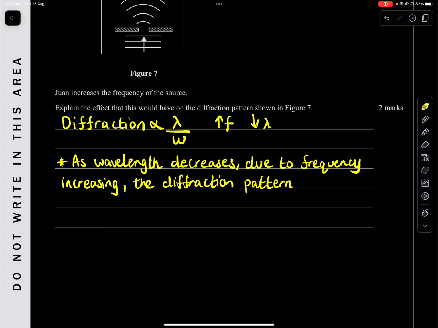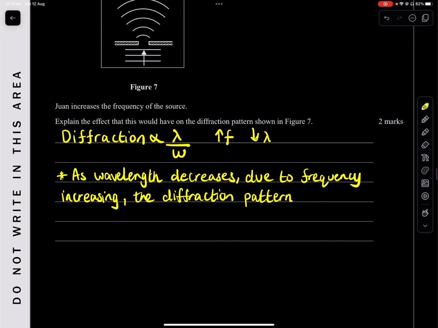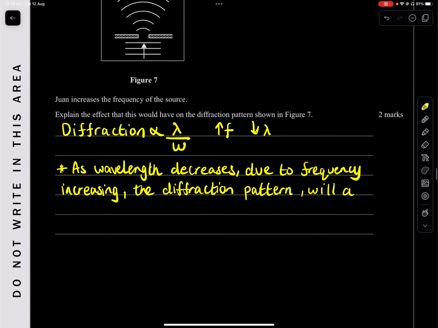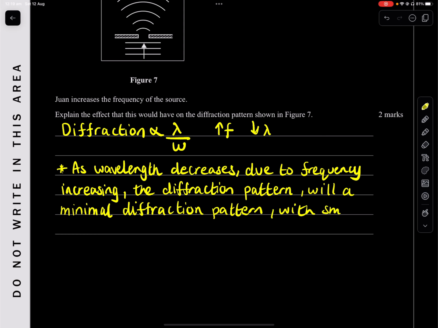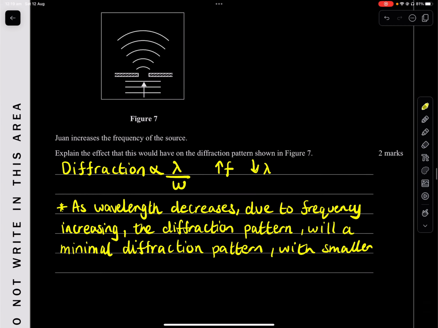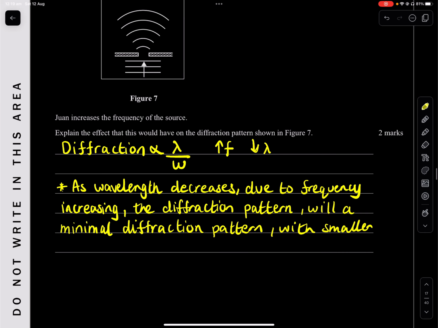As the wavelength decreases due to the frequency increasing, the diffraction pattern will be minimal, with a smaller width.